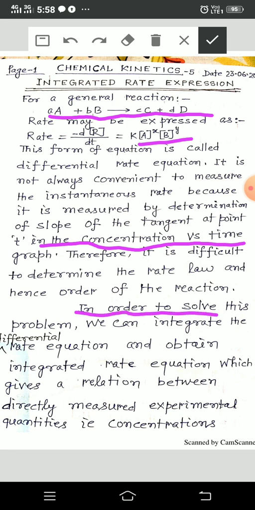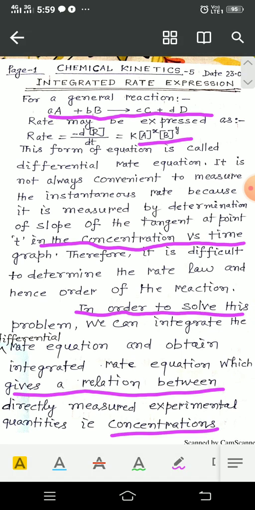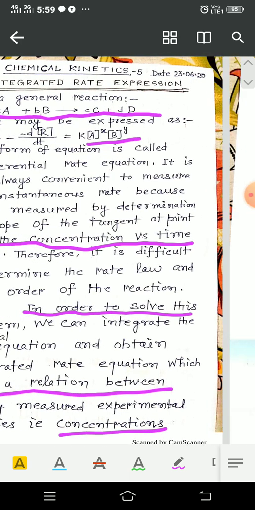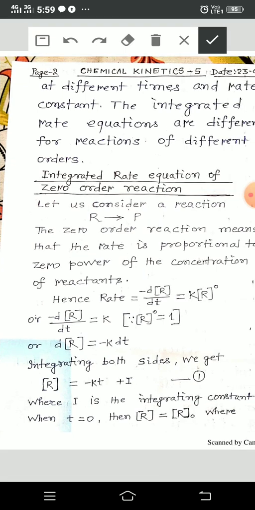So, in order to solve this problem, we can integrate the differential rate equation and obtain integrated rate equation, which gives a relation between directly measured experimental quantities, that is concentration at different times and the rate constant.